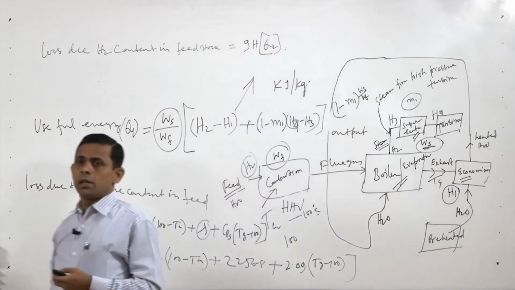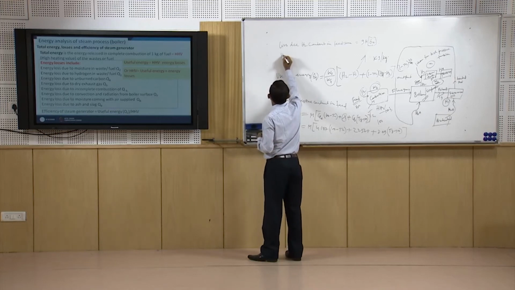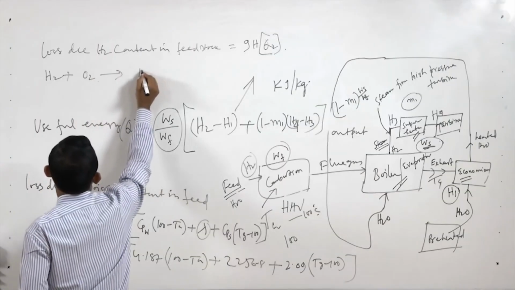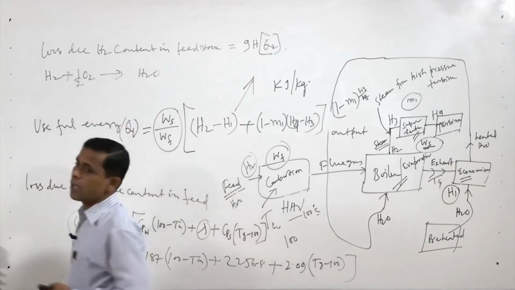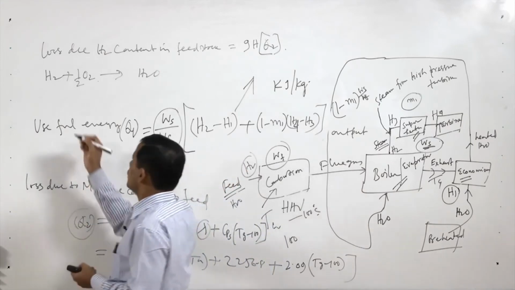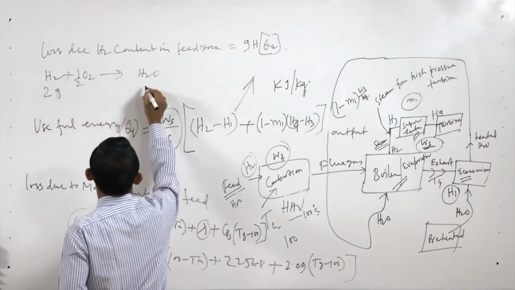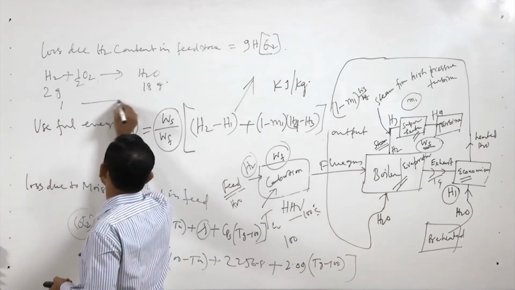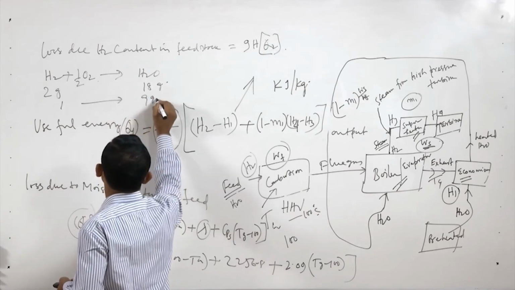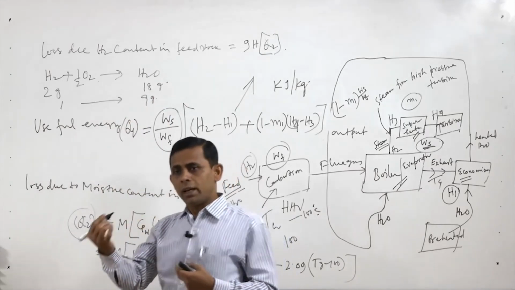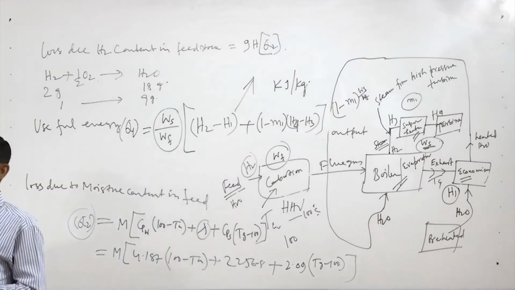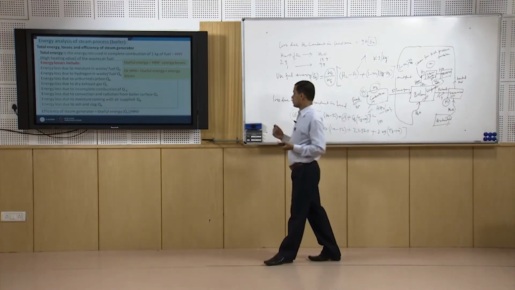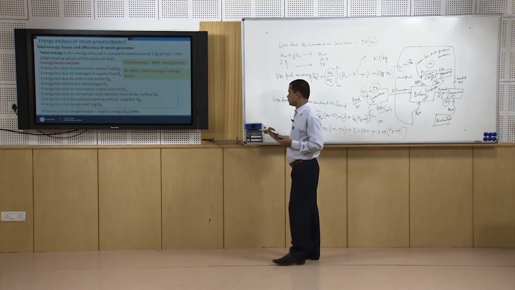Why so? Because the hydrogen available in the feedstock will react with oxygen to give H2O. H2 plus half O2 gives H2O. So, 2 gram of hydrogen gives 18 gram of water. So, 1 gram hydrogen will produce 9 gram of water. That is why 9 into H into Q2 is the heat loss due to the presence of hydrogen in the feedstock.